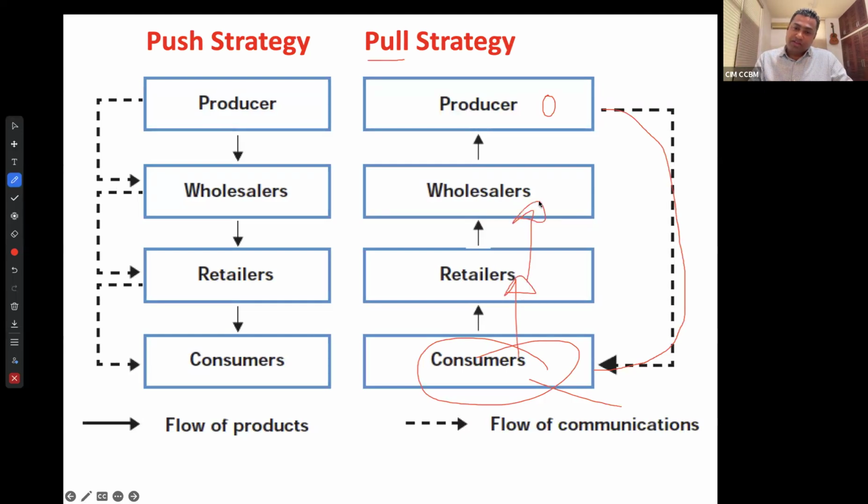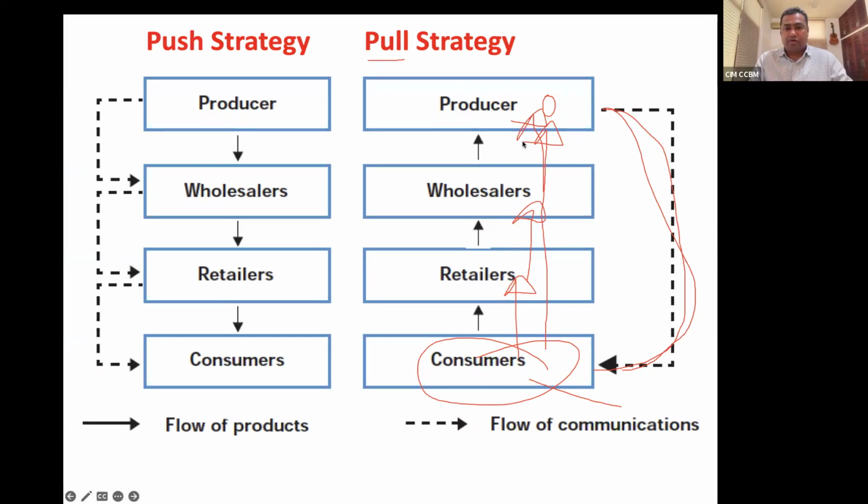Retailers will ask wholesalers. Wholesalers will contact the manufacturer. So the more you advertise, you are pulling the customer through your channels, through your distributors, to create demand for the product. That's called a pull strategy. Push strategy is the opposite. You offer your distributor a discount to buy more.